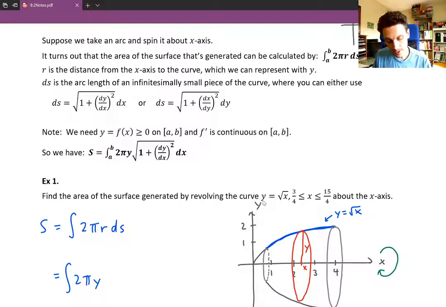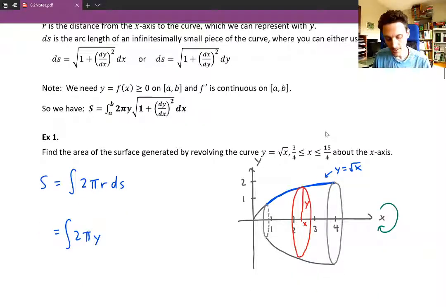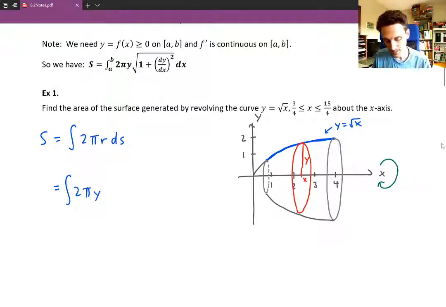Now since we've got y as a function of x, I'm going to go ahead and use the first one, where we're going to write things with a dx at the end. So I'm going to write things in terms of x in just a moment. That moment has come.